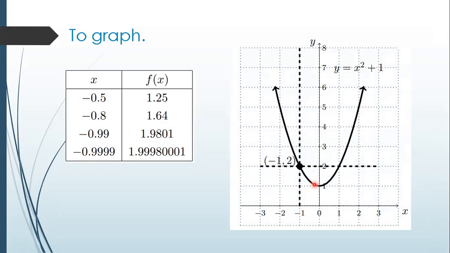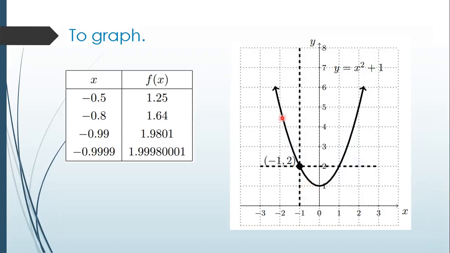And then negative 0.8 gives 1.64, so it's increasing. What I mean is, the value of x is not increasing, but the value of our f of x is increasing. That's why it is going upward.